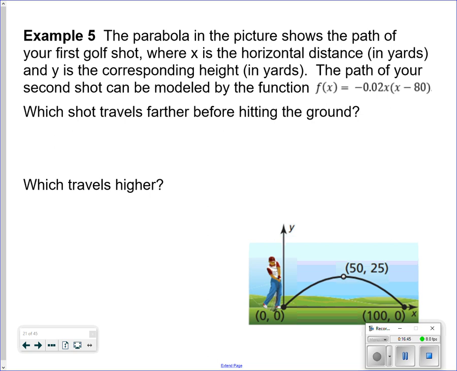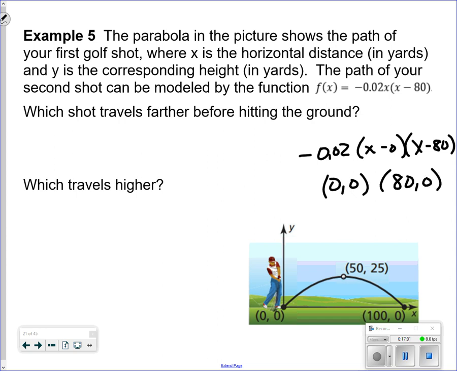So now your second shot, we need to find the vertex. And this is actually in intercept form. It's just a little harder to see it because it's x minus 0 and x minus 80. So (0, 0) and (80, 0) are the intercepts. So then the vertex would be at x equals 40. So I would plug 40 in for x.